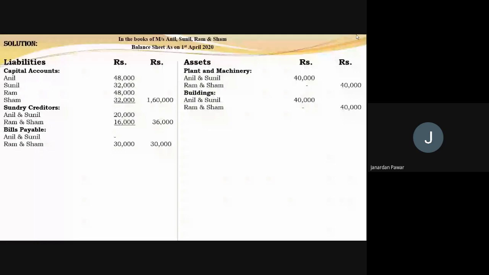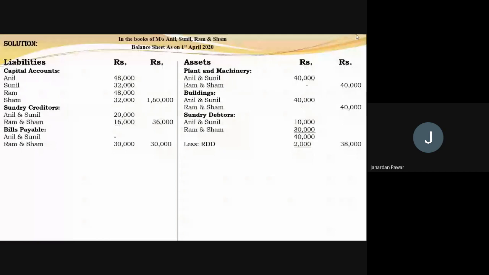Then sundry debtors are there. Anil and Sunil's sundry debtors rupees 10,000 and Ram and Sham's sundry debtors rupees 30,000. We have to take the total of the sundry debtors, rupees 40,000, and charge the RDD on that 40,000. That is RDD at the rate of 5%, that is rupees 2,000.